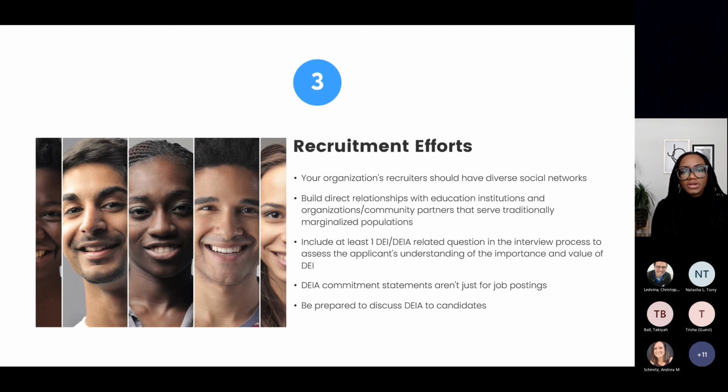So it's really important to take a moment to make sure that your company's website is reflecting your company's values. And then lastly, for this slide, be prepared to discuss diversity, equity, and inclusion with candidates, because candidates want to know. They want to know what your organization's efforts are in this space. They want to know how inclusive your environments are.